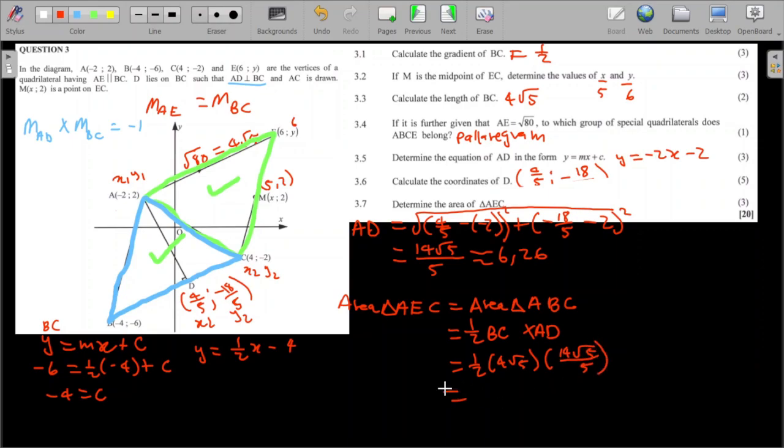The answer we are going to get there is 1 over 2 times 5 square root of 5 times 14 square root of 5 all over 5, which is giving us 28 units squared, because we're calculating an area. Units squared. It's very, very important to write this units squared.